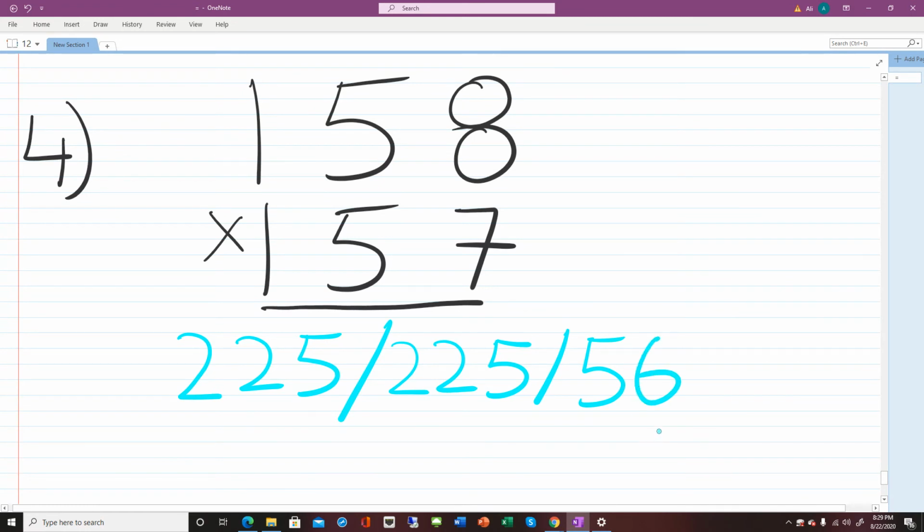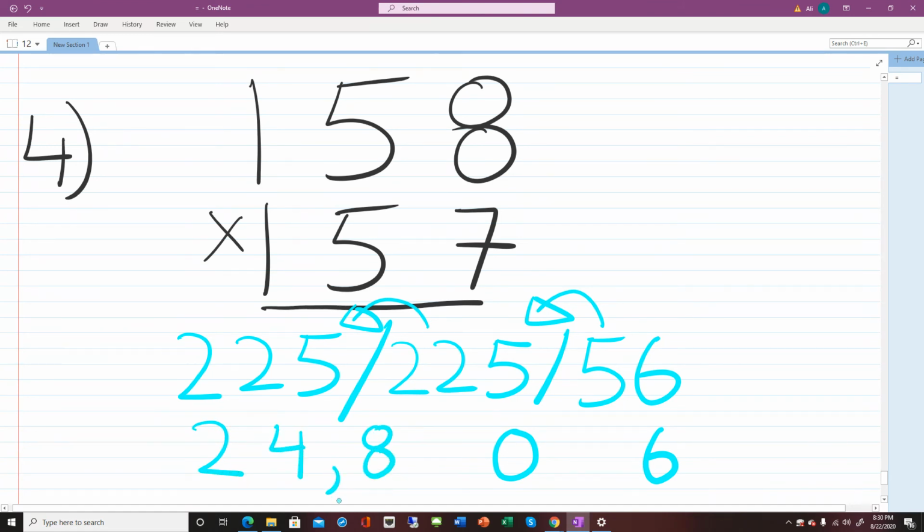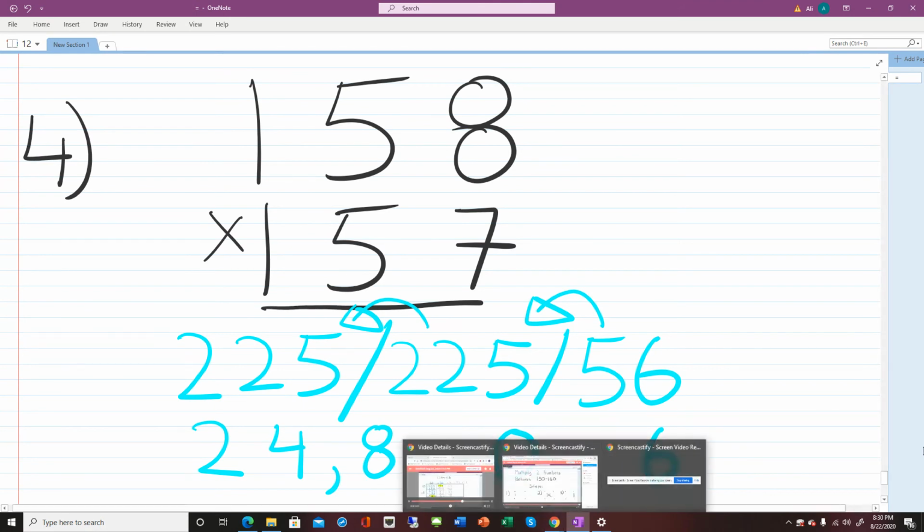So let's keep the units digit, carry the tens digit. What's 225 plus 5? That's 230. So keep the 0, add the 23. What's 225 plus 23? That's just 248. So 24,806. All right, move on to our last example, example 5.